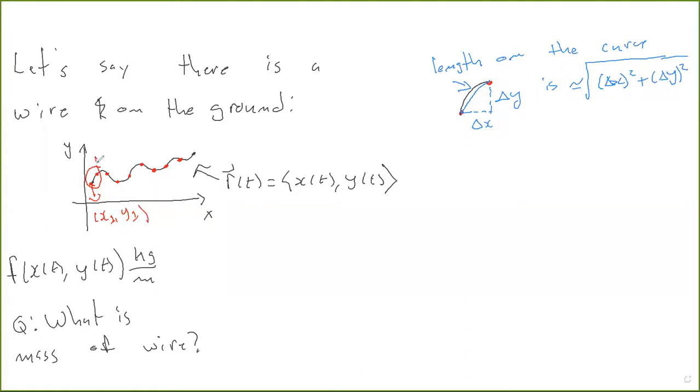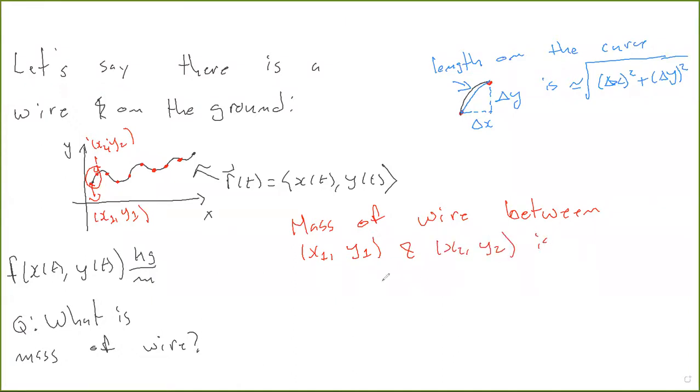This point right here would be something like x2, y2, so on and so forth. Then the mass of the wire between the points x1, y1, and x2, y2 is approximately f of x1, y1 times the length.